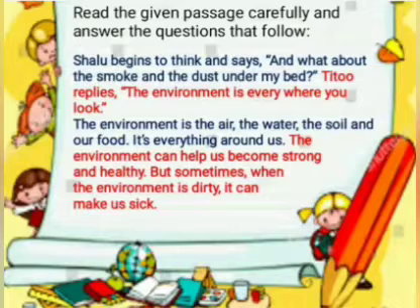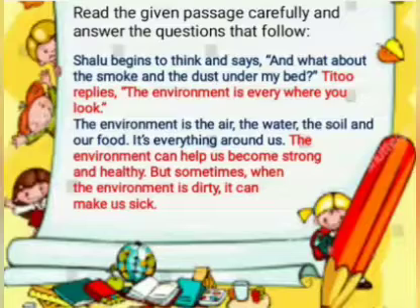For the next point, let's read the first paragraph, first line. Shalu begins to think and says, "And what about the smoke and the dust under my bed?" Here, under my bed means that it is Shalu's bed, not T2's bed.